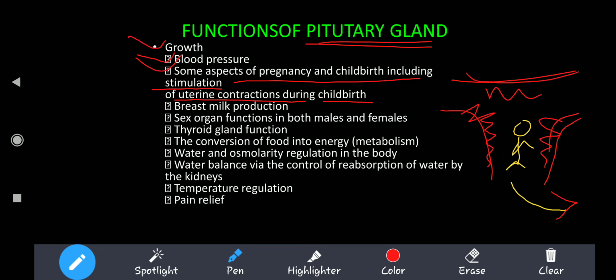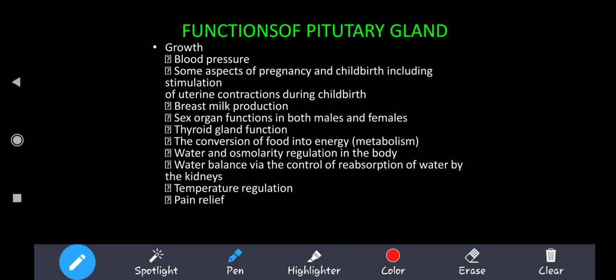Who is giving the signal to the uterus to contract? It is our master gland, the pituitary gland. So the uterus needs to contract when the child is about to be born.